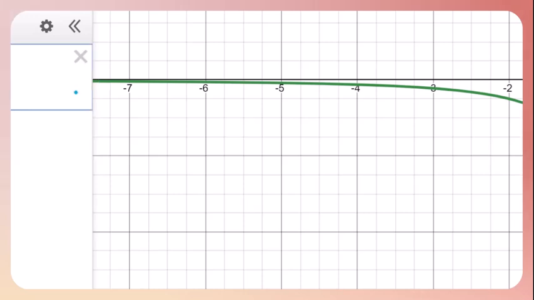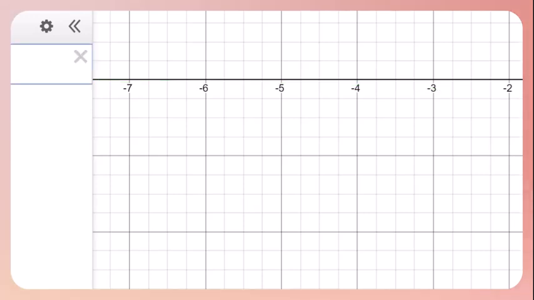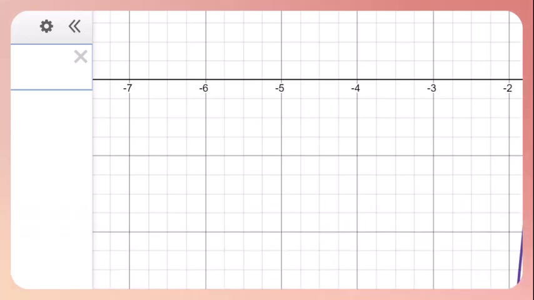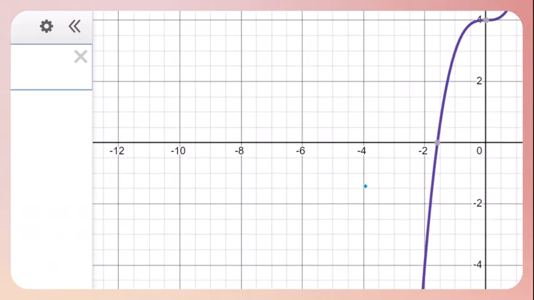Let's just get rid of those. y equals x. I need to open this keyboard up, and a to the b, x cubed, click down here, plus 4. Okay, I'm going to scroll out a little bit.